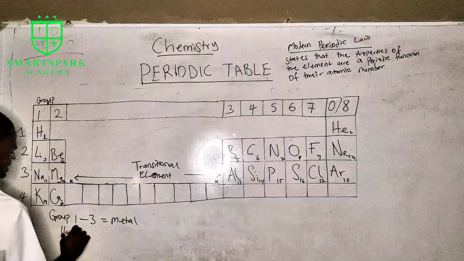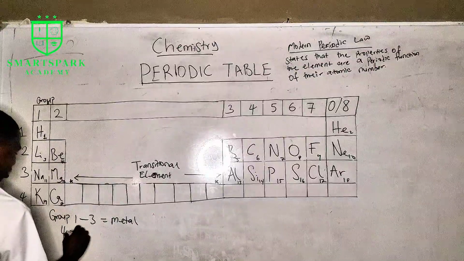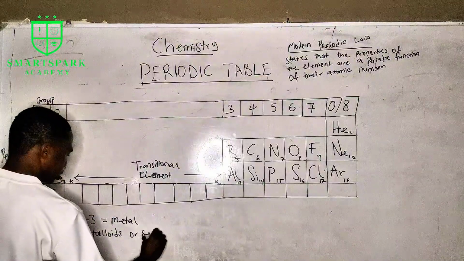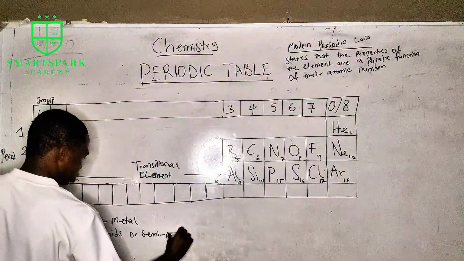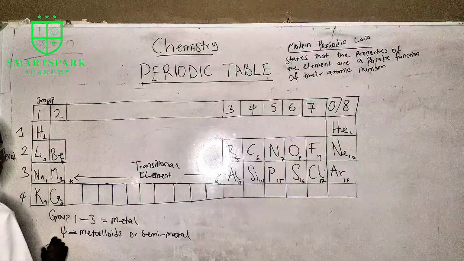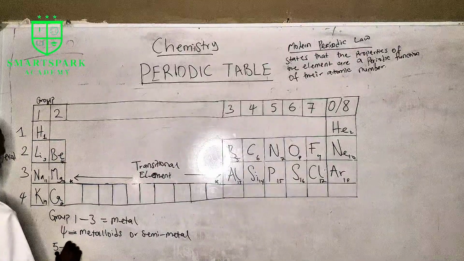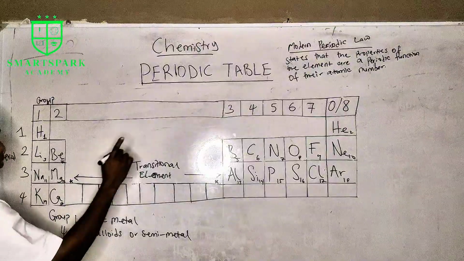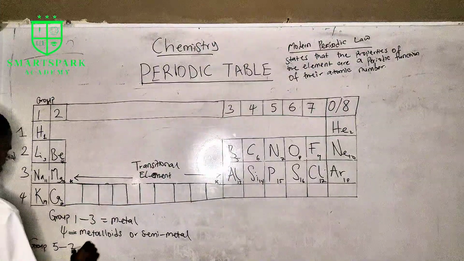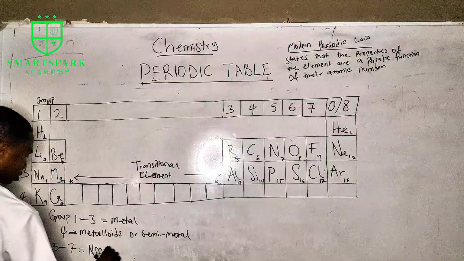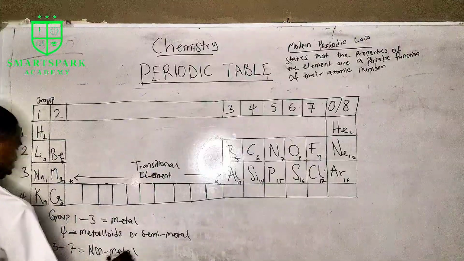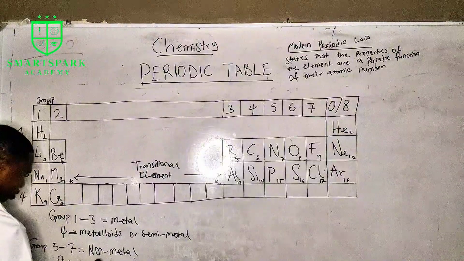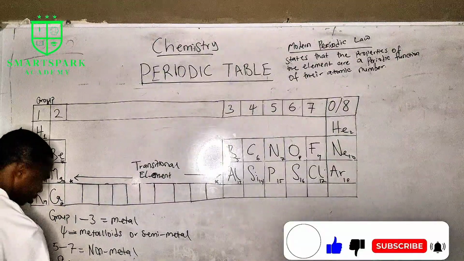Group 4 goes to metalloids or semi-metals. Then group 5 to 7 are non-metals. Then group 8 or group 0 is the noble gases.